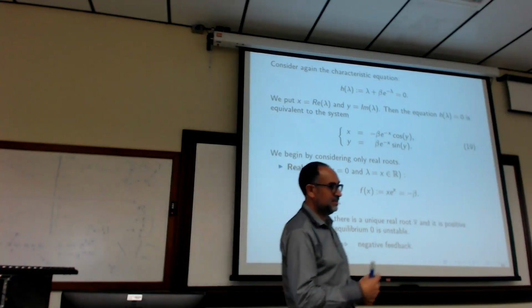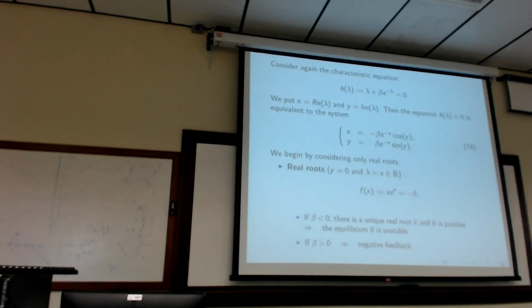Okay, now I move on. I take again this characteristic equation. I call it now the characteristic equation. It gives you stability and periodic solutions, like in the ordinary case, and it's exactly what happens. We can prove it.